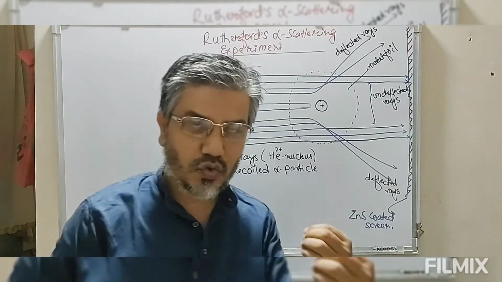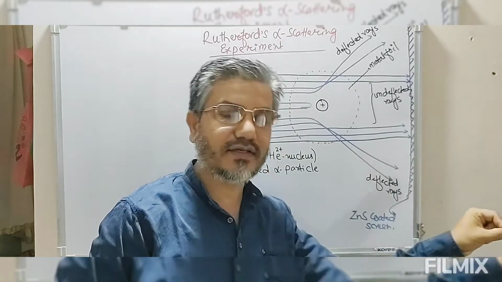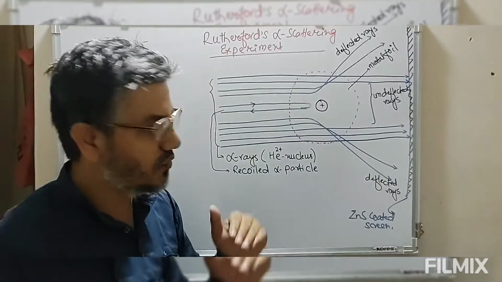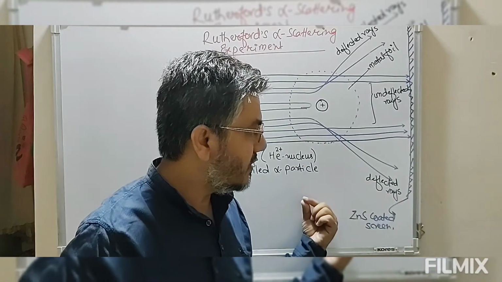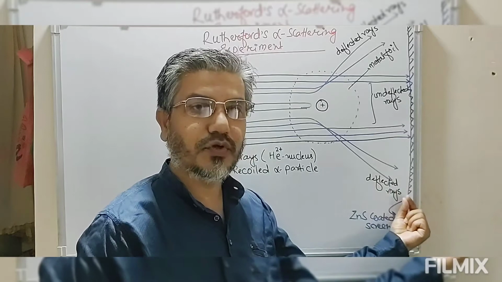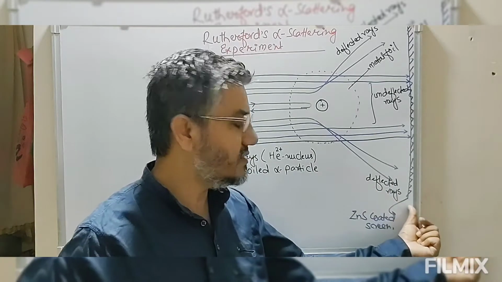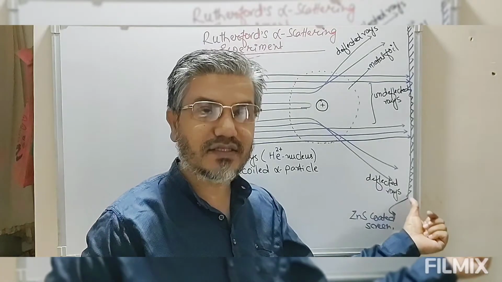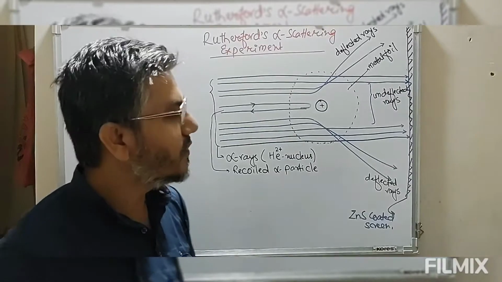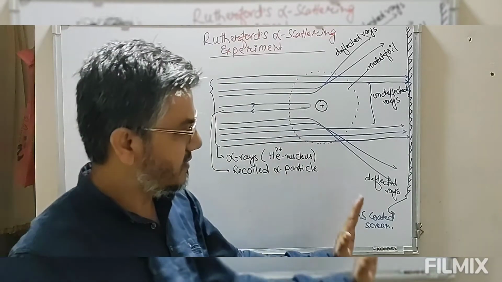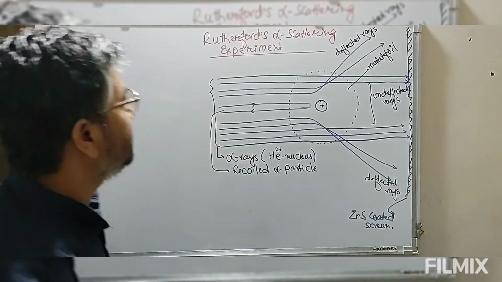The moment glow is produced, we can say that some alpha particles have struck at that particular point. That is what I call scintillations, meaning the glow produced by the strike of alpha particles on the zinc sulfide coated screen, which is placed behind this telescope.